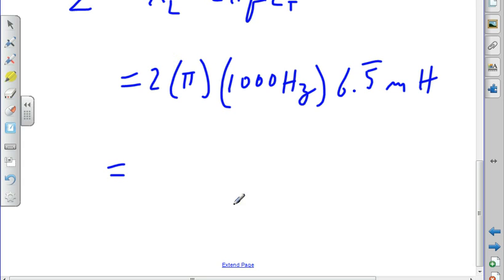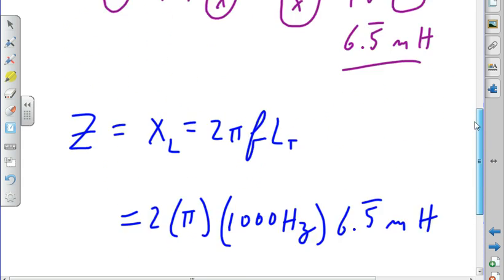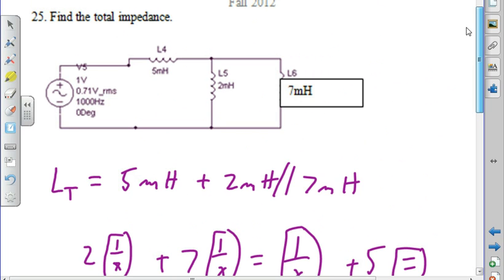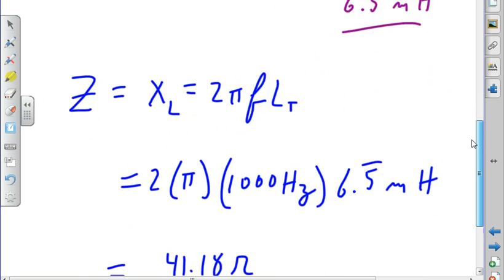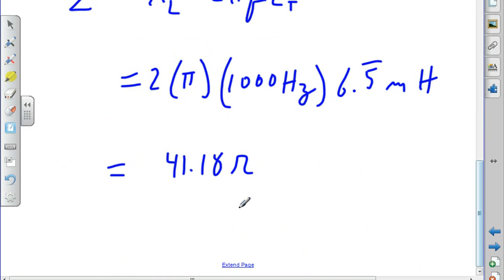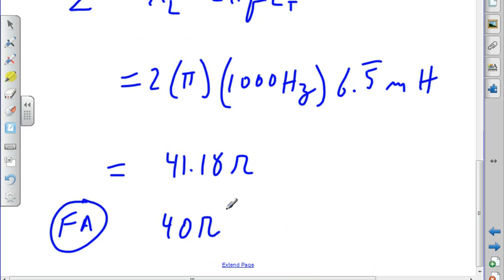Okay, I got 41.18 ohms. But I only have one significant digit, so for my final answer, I'm going to call it 40 ohms.